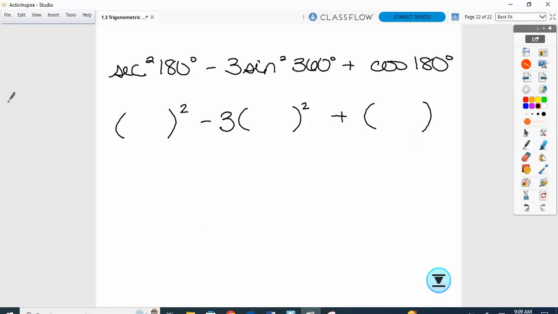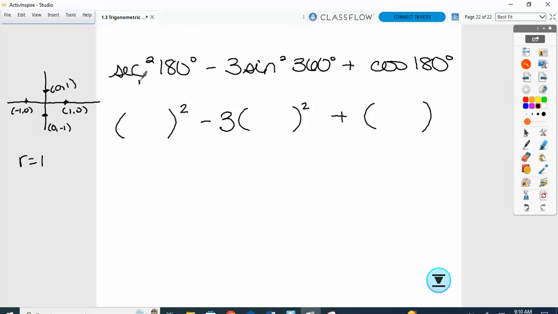So think about that little picture. This is the point 1, 0, 0, 1, 1, 0, and 0, negative 1. And r is always 1. What is the definition of secant?